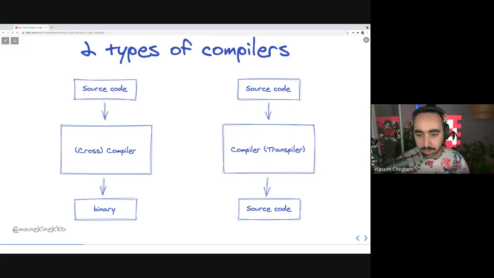That's the program that takes source code and outputs a binary, like an executable file, a Java class, or a C dynamic library. On the other hand, we also have a transpiler, something like Babel or TypeScript. We give it source code and it outputs other source code, like giving it TypeScript and outputting JavaScript.